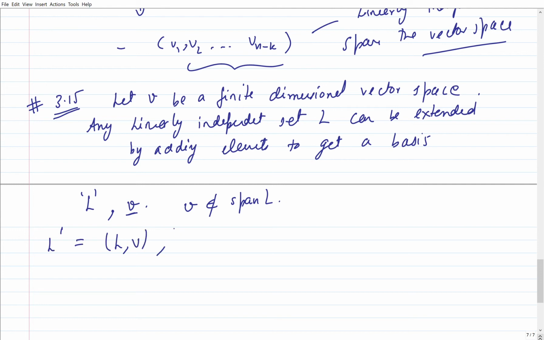Now repeat this process. Now you'll have another vector V prime which is not in the span of L prime. Then you get another set, L double prime, which is L, V, V prime. This way continue till you get a basis.